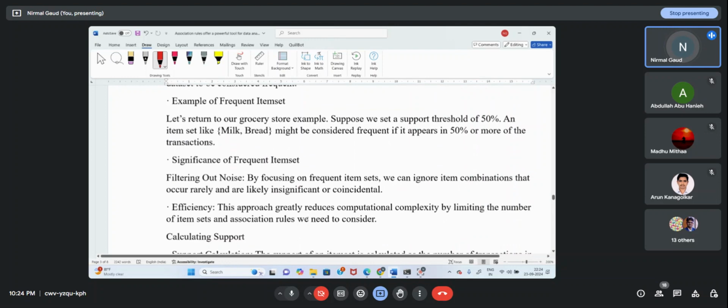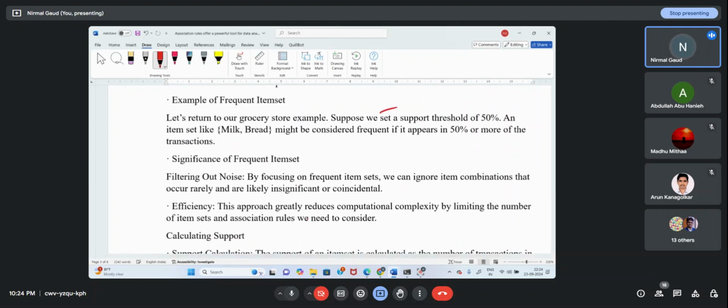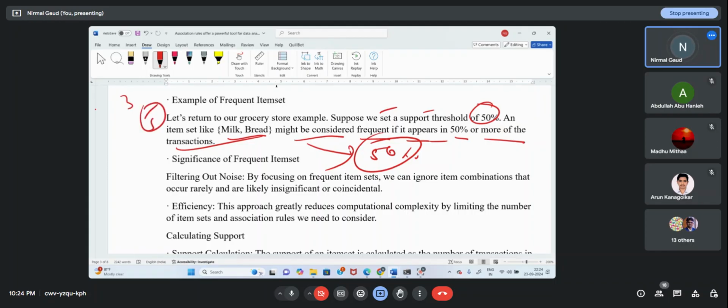Okay, for example, suppose we have a support threshold of 50%. That means items like milk and bread might be considered frequent if they appear in 50% or more of the transactions. We have mentioned a 50% threshold. So the frequent item sets will be considered because you are having four or five transactions in which three times you are having these two. So it appeared more than 50%.